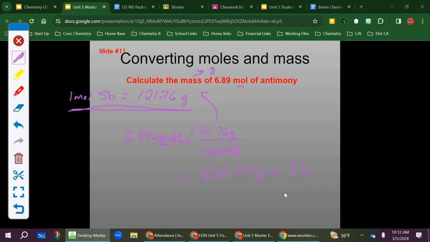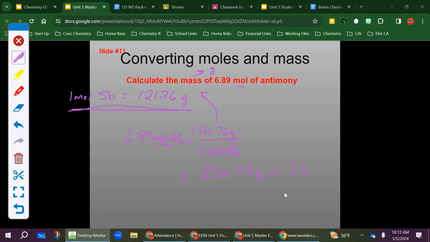How many sig figs in here? 3. How many sig figs in here? 3. So how many does our answer have to have? 3. So how do we round this to 3 sig figs? Just round the 8 up to a 9.